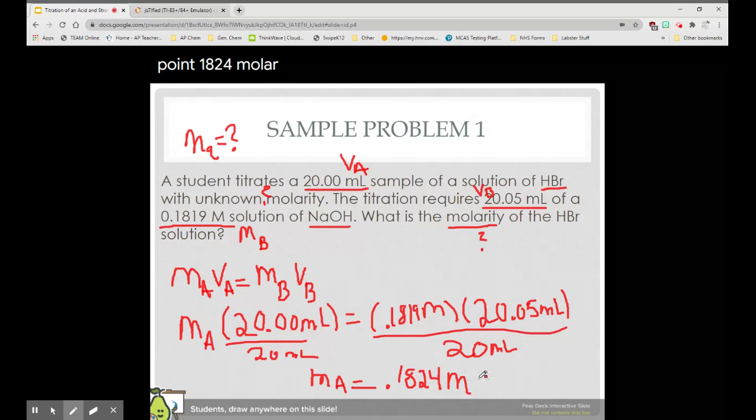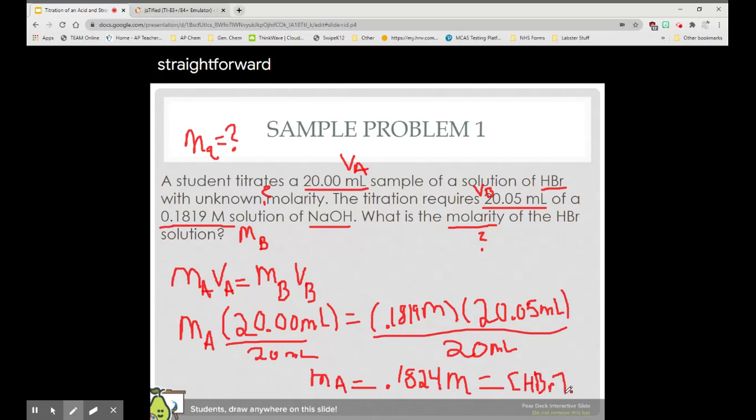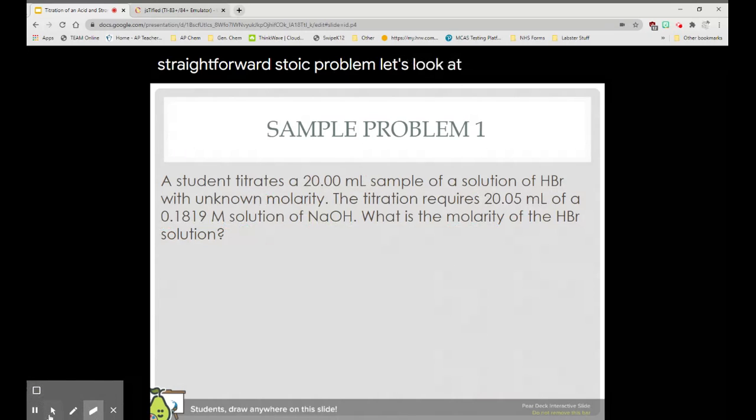That is the concentration of the acid. So it's a pretty straightforward stoich problem. Let's look at the next one.